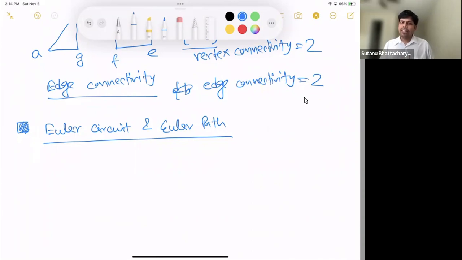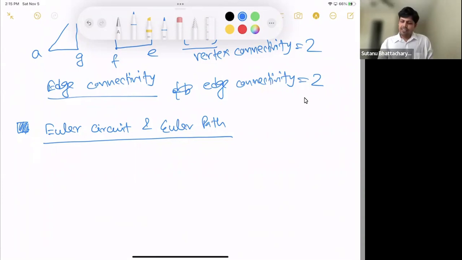The background of Euler circuit and Euler path is based on an island in Russia, and I can show you the diagram. That's very interesting to know. This problem actually comes from a real problem. That real problem was represented as a graph problem, and then Euler proposed a solution of that graph problem.